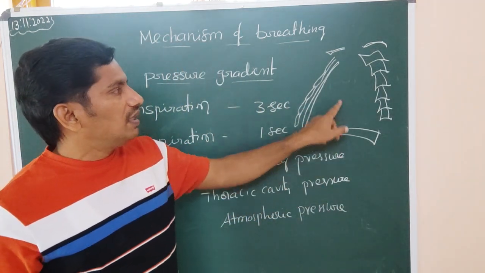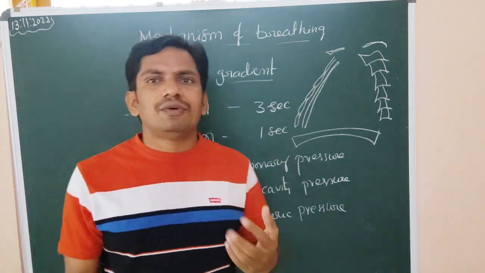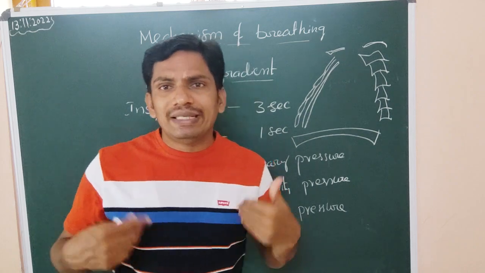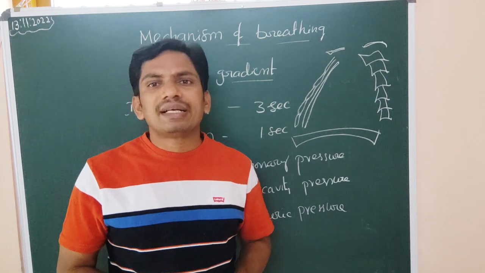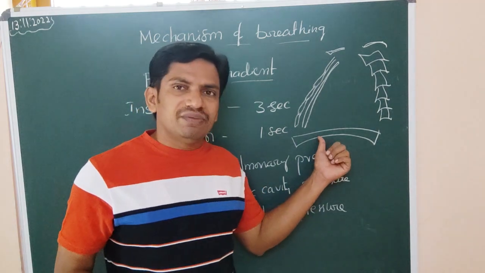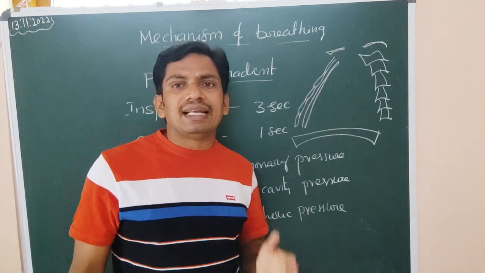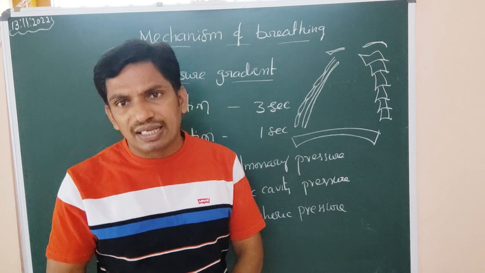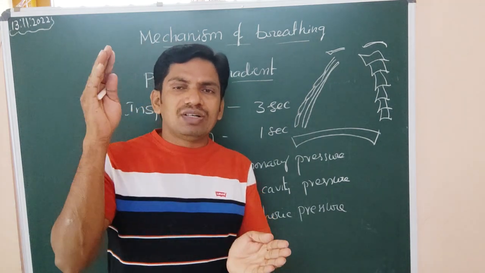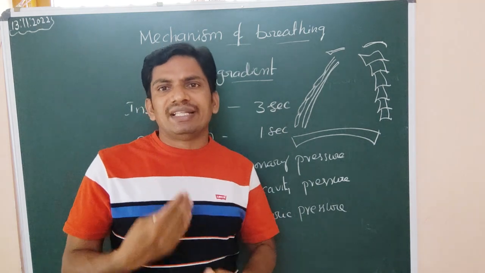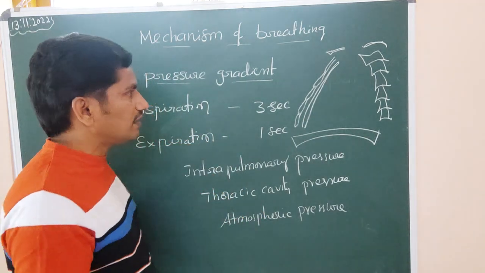Sometimes when you forcefully expire or forcefully inspire, the abdomen muscles are also involved. But in normal breathing, the diaphragm and ribs are involved, with the intercostal muscles between the ribs. These are useful for expanding the thoracic cavity, and it returns to the same position after expiration.